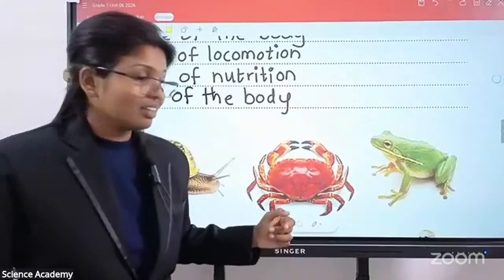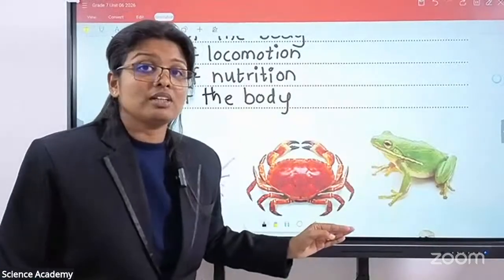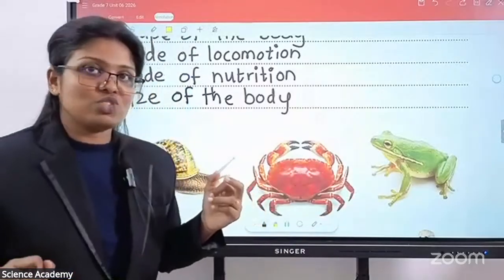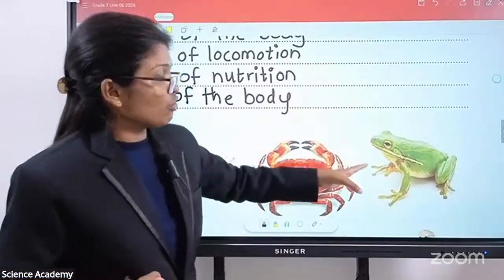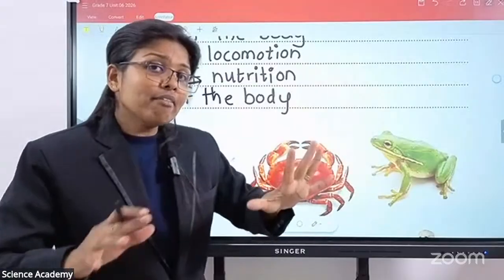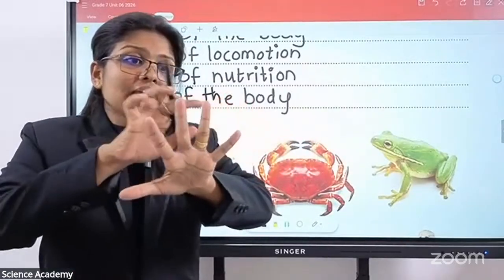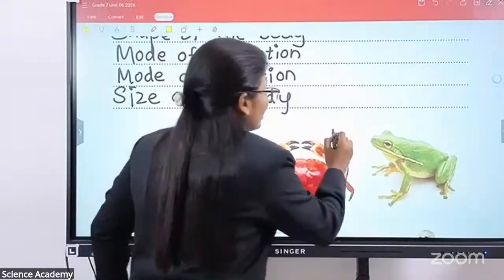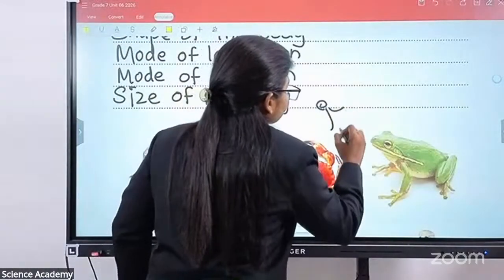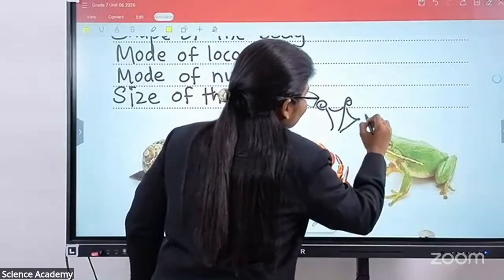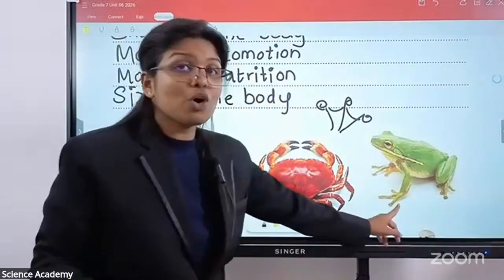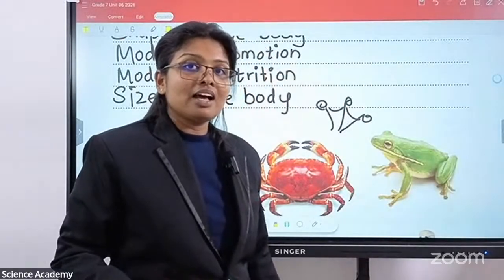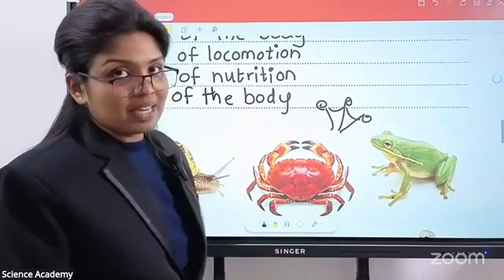And this one has wet skin. This is a toad. How can we identify a frog and a toad, dear children? A frog has membranes among its fingers, like this. But a toad doesn't have fingers joined by membranes.